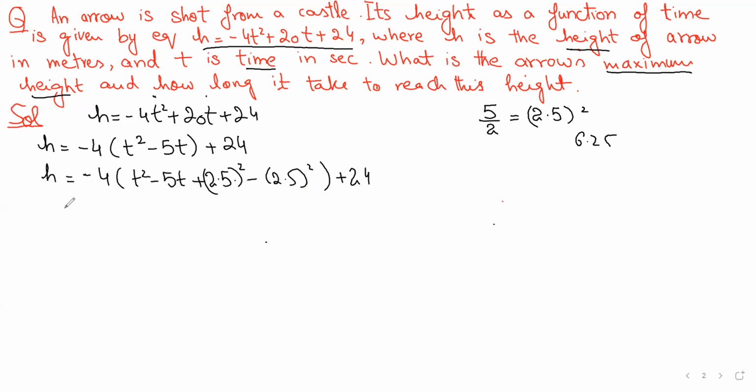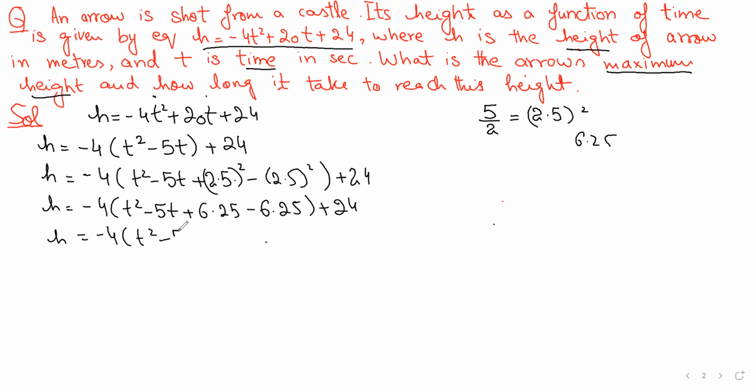Now in the next step, h equals negative 4 times t squared minus 5t. The square of 2.5 is 6.25, and this one as well. Now it's time to pull negative 6.25 outside. How do we pull this one outside? I'm going to write negative 4 times t squared minus 5t plus 6.25 inside the bracket.